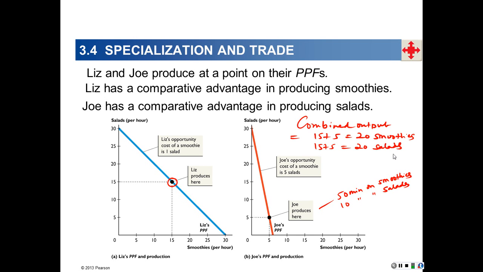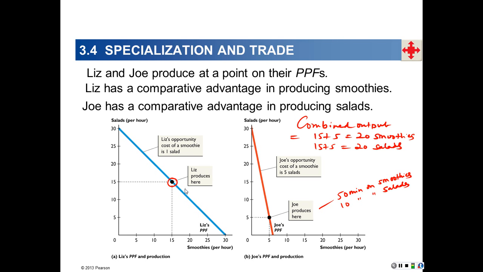And now let me show you that there would be a gain in terms of production, and therefore a gain to society, if these two people were to specialize in the good in which he or she has a comparative advantage. So let's say that we ask Liz now to specialize in the good in which she has a comparative advantage. What good is that? Which one? Smoothies. So let's say that we ask Liz to specialize in only smoothies.